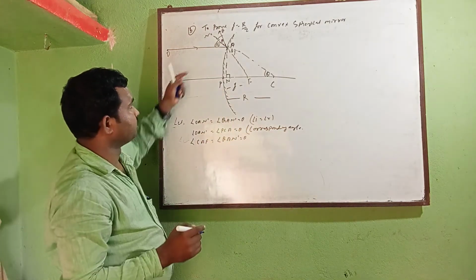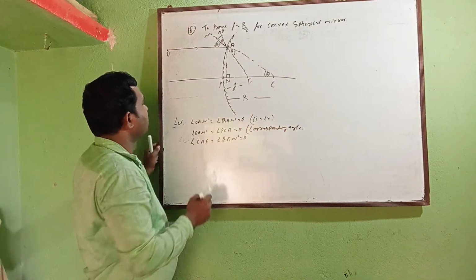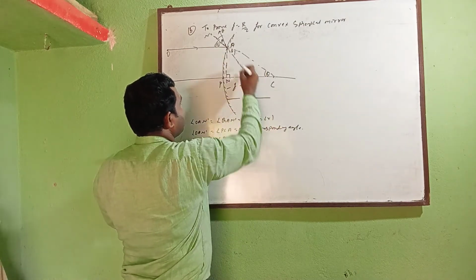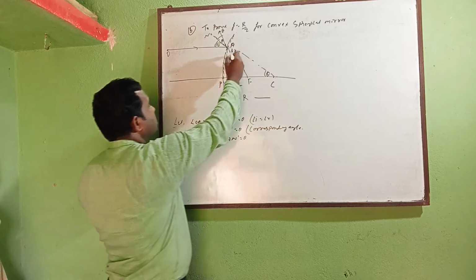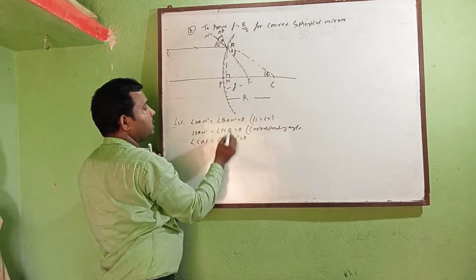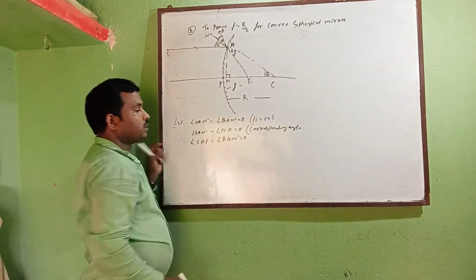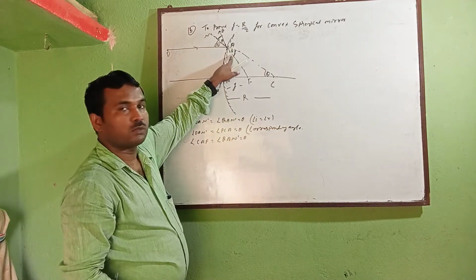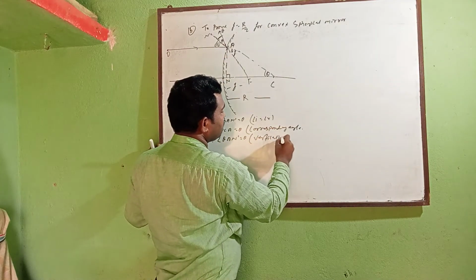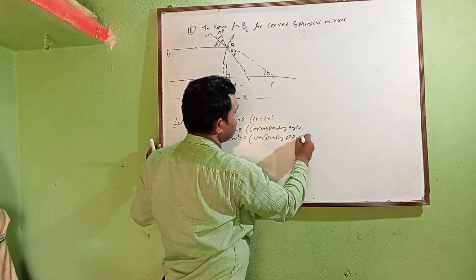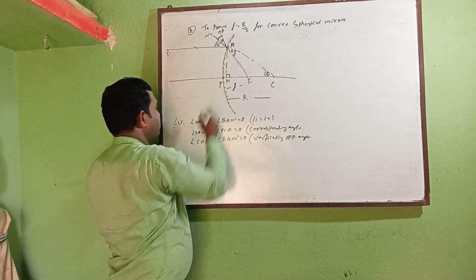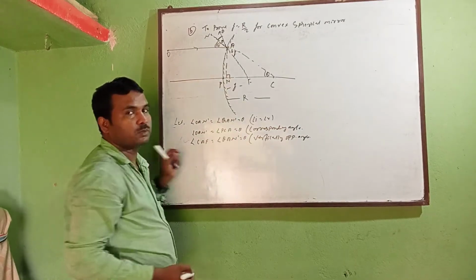Another one is angle CAF. This angle and angle QAN dash are equal, so if this is theta, that will also be theta according to vertically opposite angles.